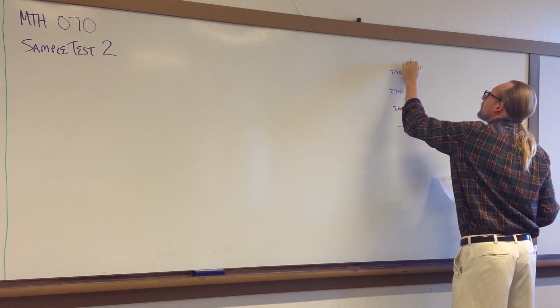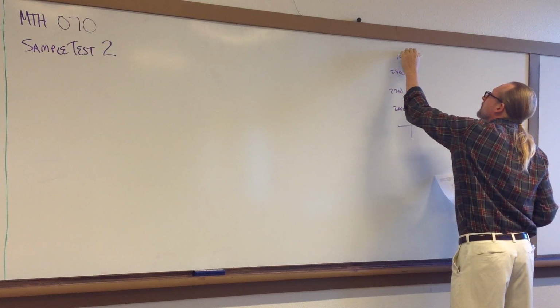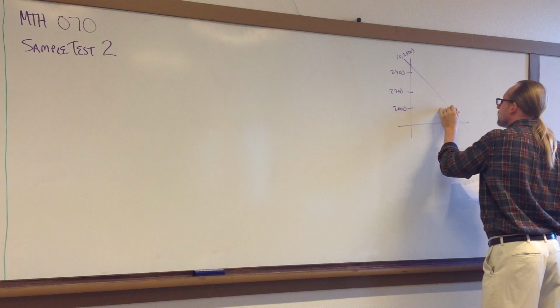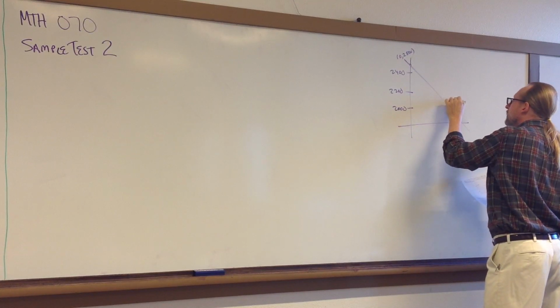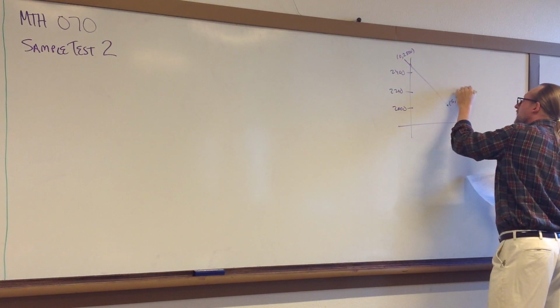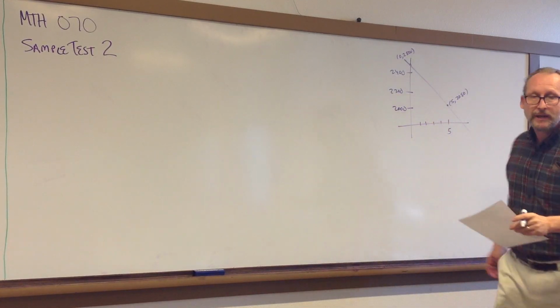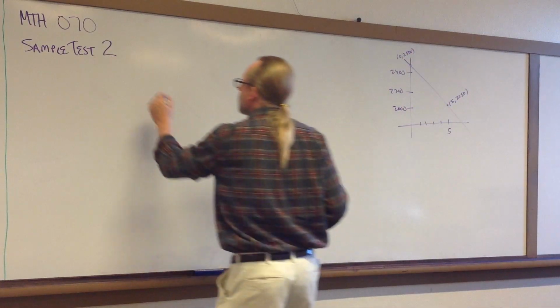2,200, 2,400. And we've got this point 0, 2,500. And then over here, we've got a second point where x is 5 and y is 2,050. Okay, so that's the diagram.